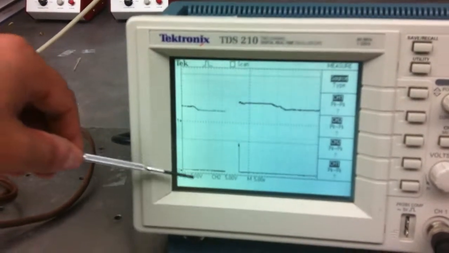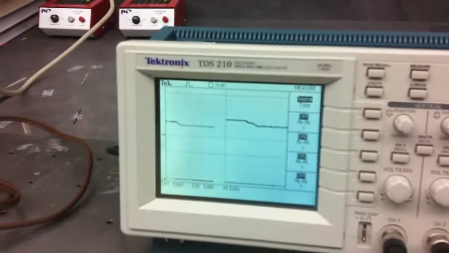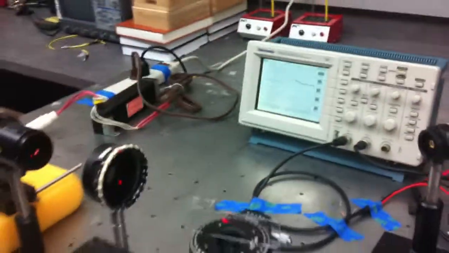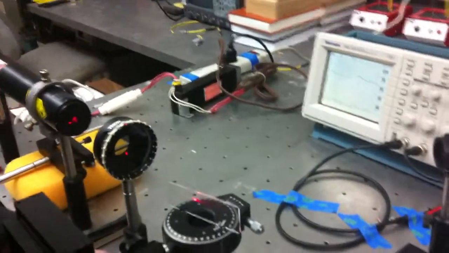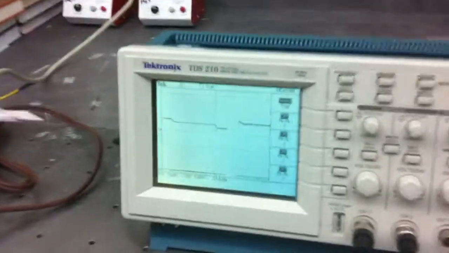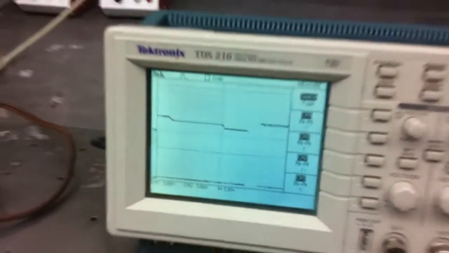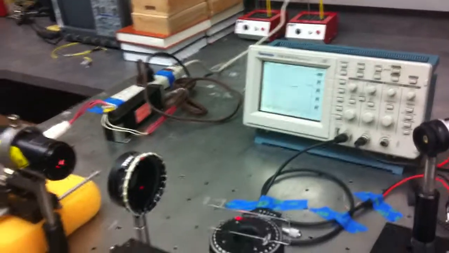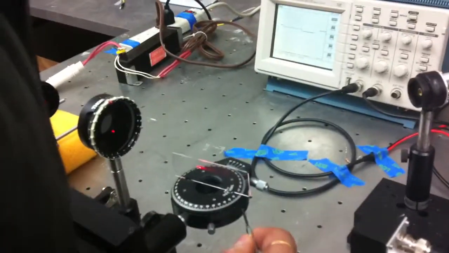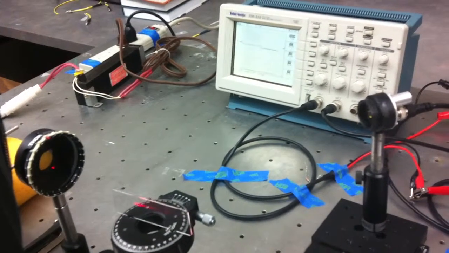As before, channel 1 has 5 volts per division, so we have 4 volts at 75. At 80 degrees, we have it down to a little less than 3 volts. Sorry, my mistake, it's probably been a long day.